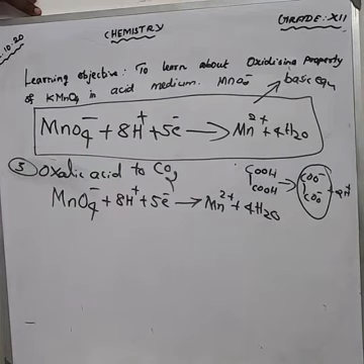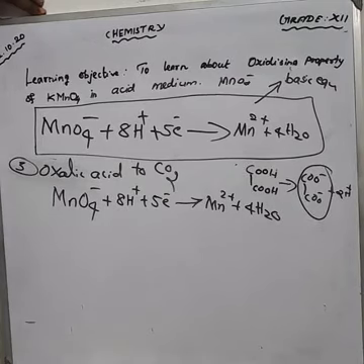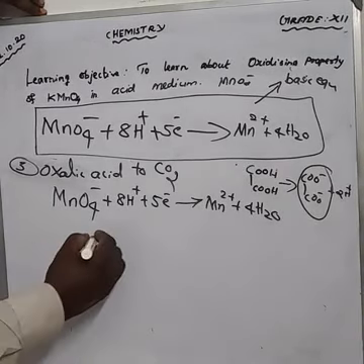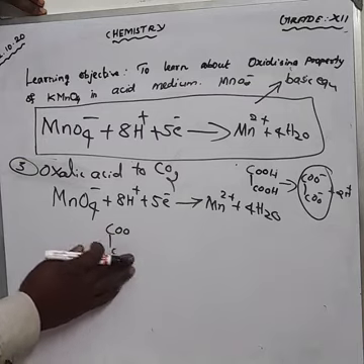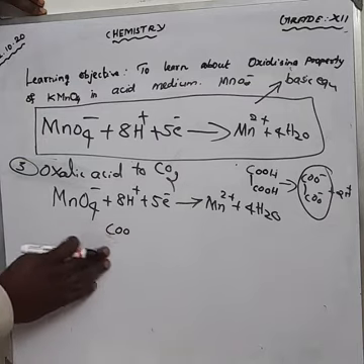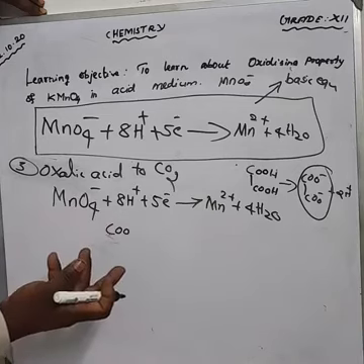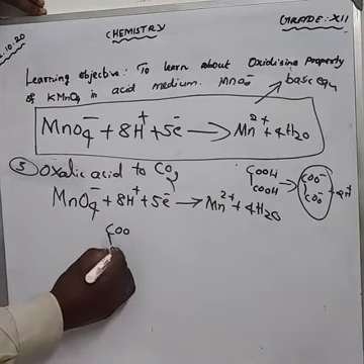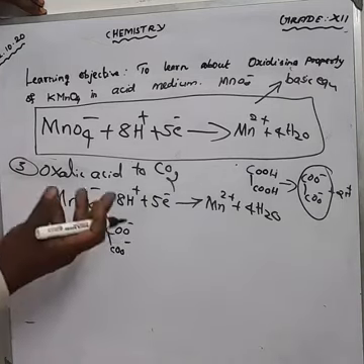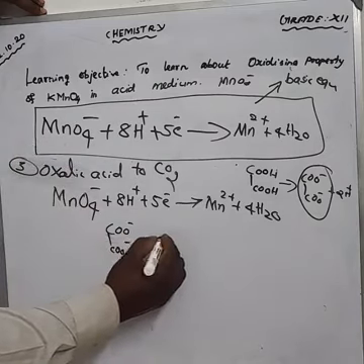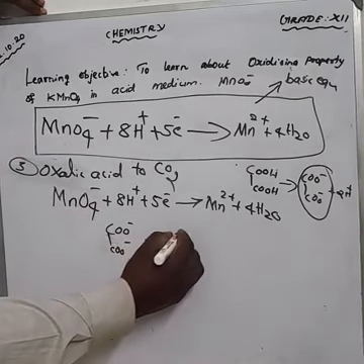As per coordination chemistry, we call this oxalate. We can write COO twice, or otherwise like this, no problem. This oxalate is converted into carbon dioxide, CO2.